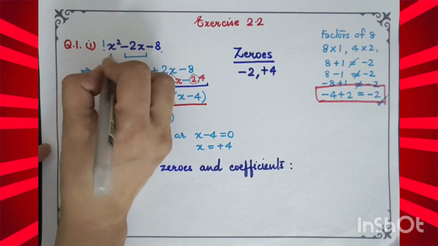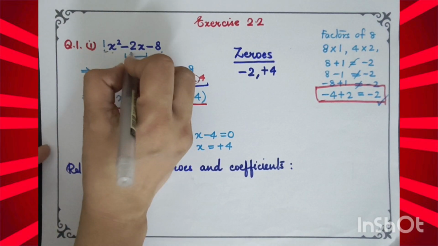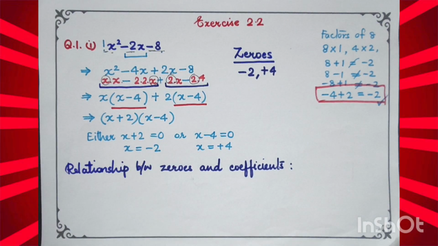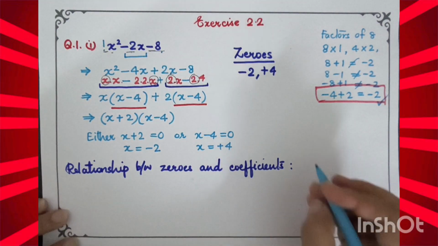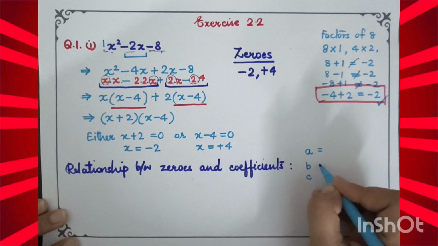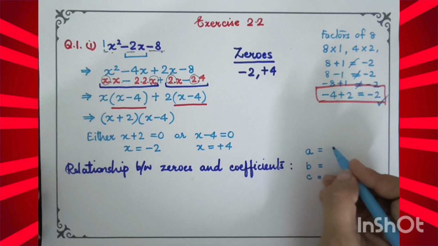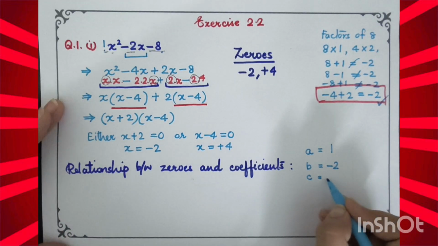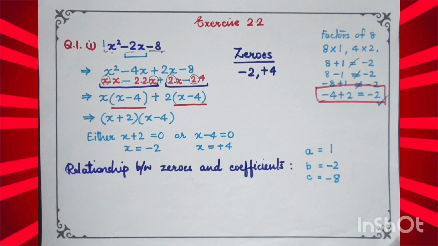This is a, this is b, and this is c. We have to understand what the coefficients are. The first coefficient, the value before x square, is a, the value before x is b, and the value before the last term is c. So a is 1, b is minus 2, and c is minus 8. These are the coefficients.